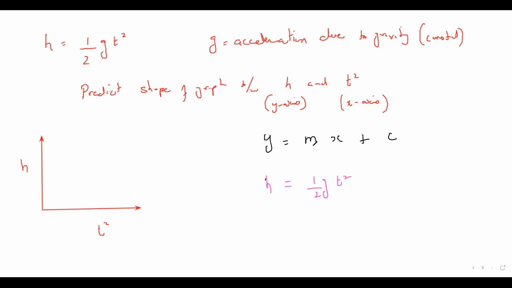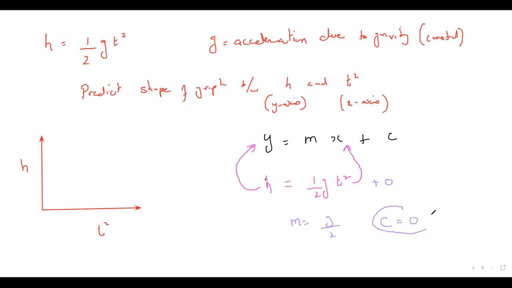So when I compare this with the equation of a straight line, if on the y-axis I have h, on the x-axis I have t square, what will be my gradient according to this? The gradient will be equal to g by 2 or half g. And what about the y-intercept? Because nothing is added here, the y-intercept is 0.